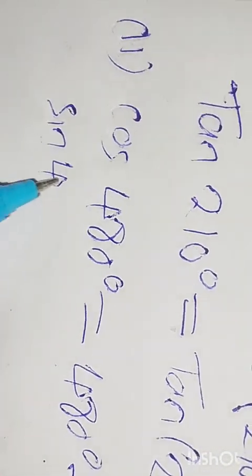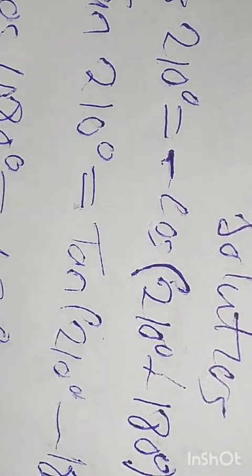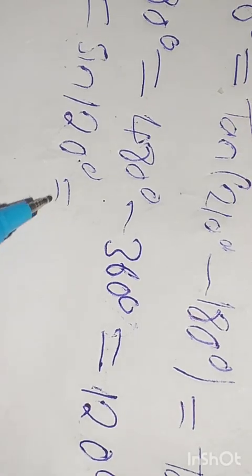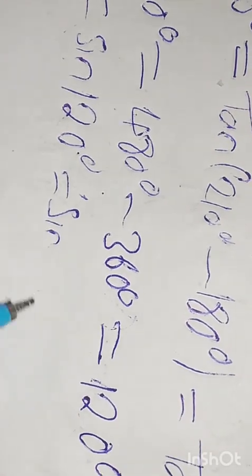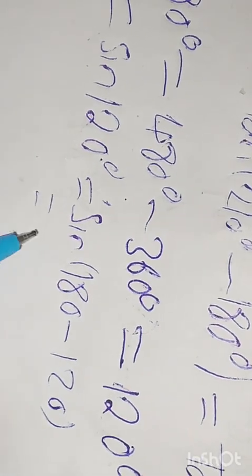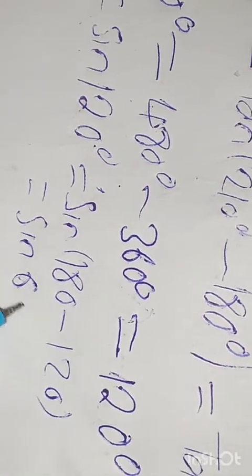Then you go now to sine. Sine 480 degrees is equal to sine 120 degrees. Doing the same math, sine 120 is sine of 180 minus 120, giving us sine 60 degrees.